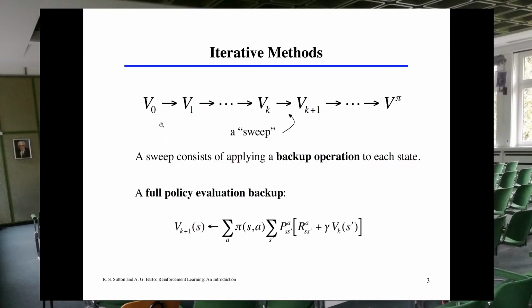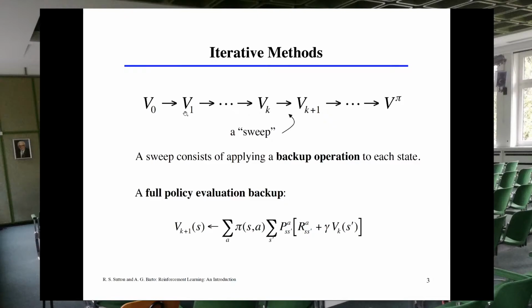So the strategy is to iteratively approximate the value function. So we will initialize our function, we will have some v0, and we will apply our algorithm in one iteration to get the next version of the value function.